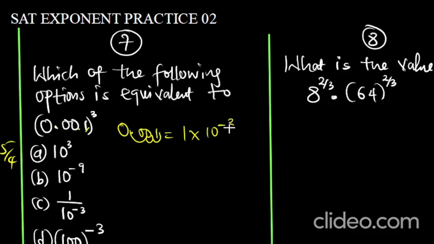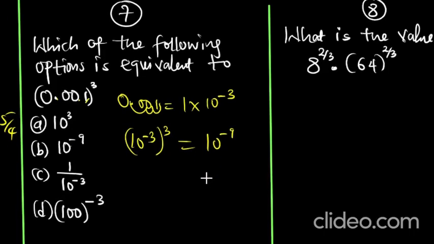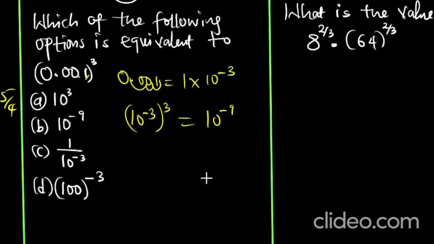So inside the brackets we'll have 10 to the power of negative 3, all to the power of 3, and this gives 10 to the power of negative 3 times 3, which is negative 9. That's negative 9. So this is the correct answer here.